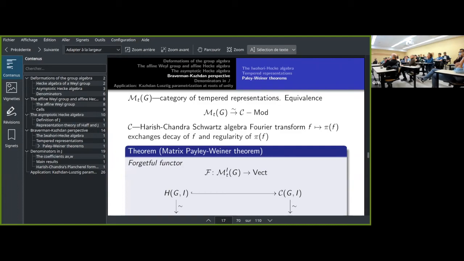So the Iwahori-Hecke algebra corresponds to endomorphisms of tempered representations that are algebraic in the character, and the whole Schwartz algebra to those that are smooth in the character. So just matrices whose entries are algebraic functions or smooth functions of the character.